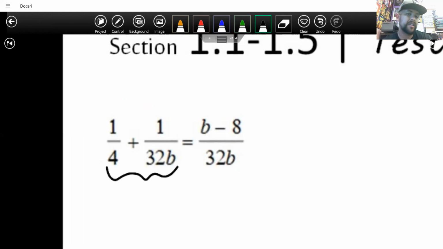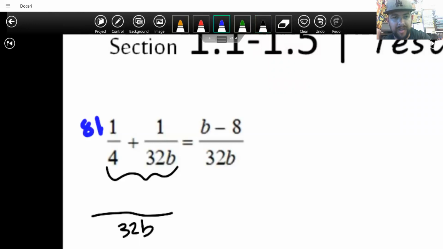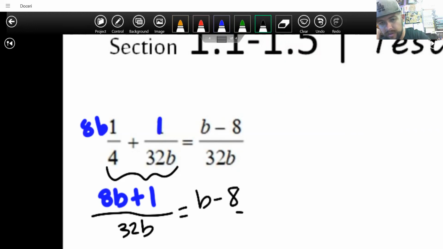In this case, 32b and 4b, all we're missing on this side to make a common denominator is multiplying by 8b on the left-hand side. So 8b will give me that 32b, and this one is multiplied by nothing, so we're just going to leave it as 1. So I'm going to have 8b plus 1 up on the top. And then we're going to have b minus 8 all over 32b.